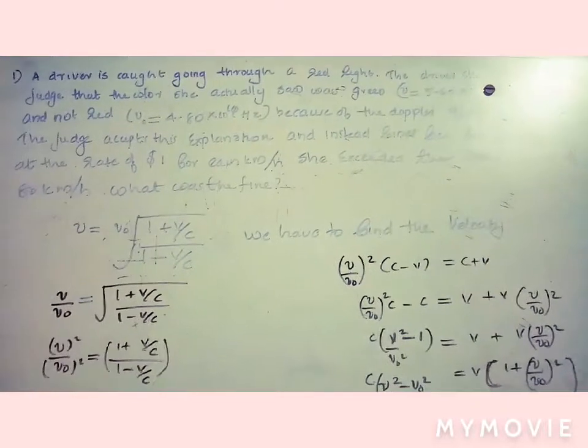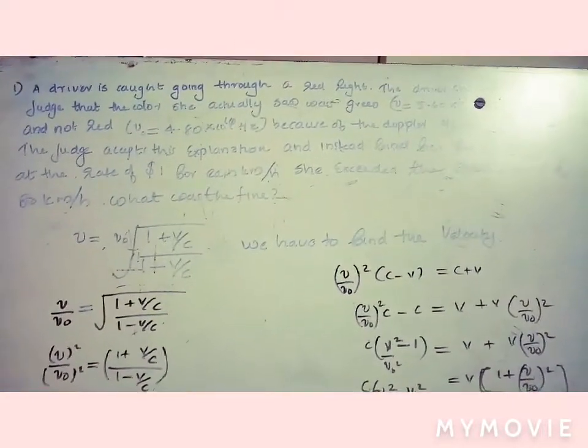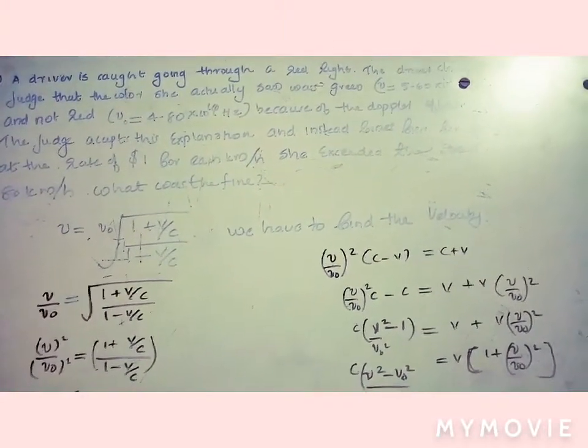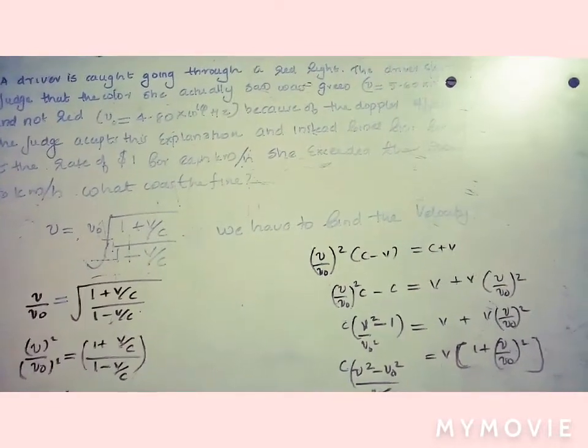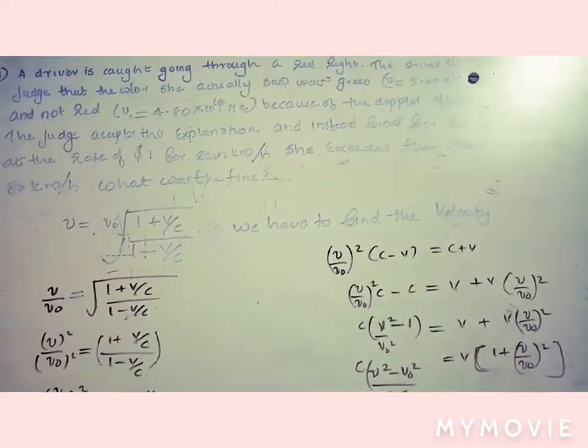Because of the Doppler effect, the judge accepts this explanation and instead fines her for speeding at the rate of $1 for each kilometer per hour she exceeded the speed limit of 80 kilometer per hour.